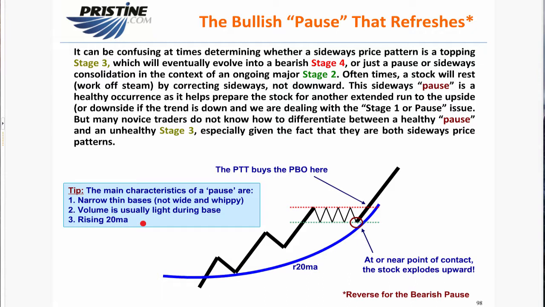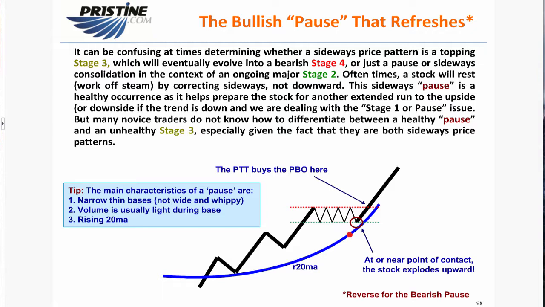The other characteristic is that price is moving sideways into the rising 20 MA, whereas with a stage 3 or a stage 1, you'll have price overlapping or intersecting those moving averages. Those are the characteristics you want to look for to say whether this is more likely a pause or, in this case, a stage 3.